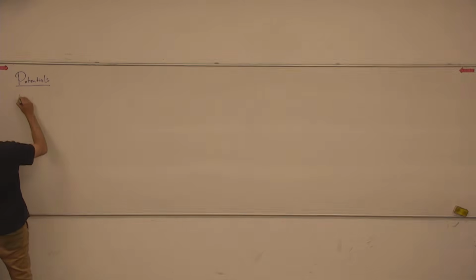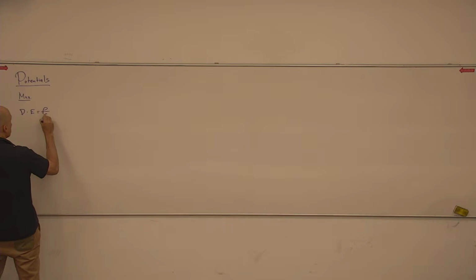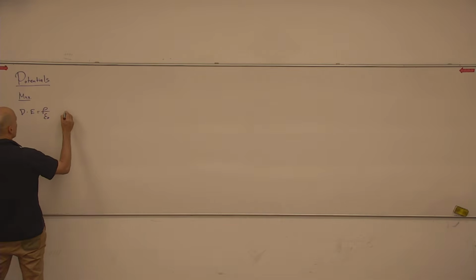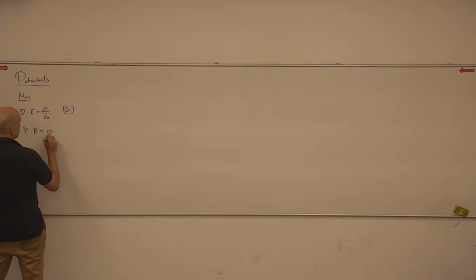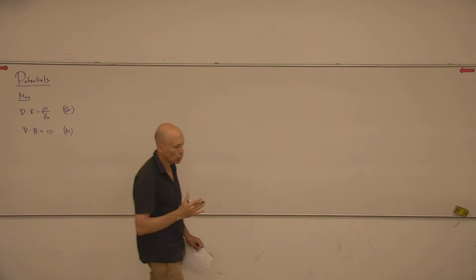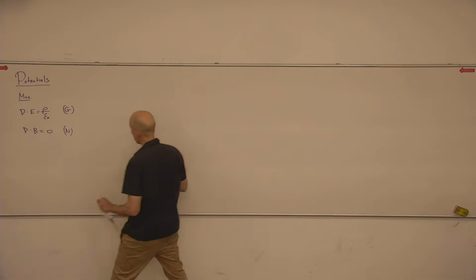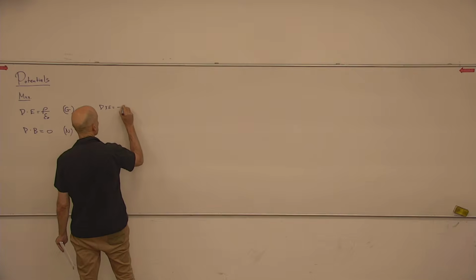So first let's look at Maxwell's equations. We are solving Maxwell's equations. As usual we have div E, this you know already, and this I'm going to call Gauss's law. Then I have div B equals 0. Then we have curl E equals minus dB/dt.